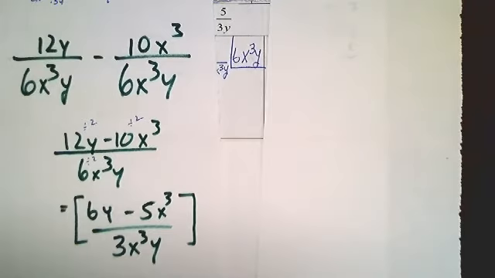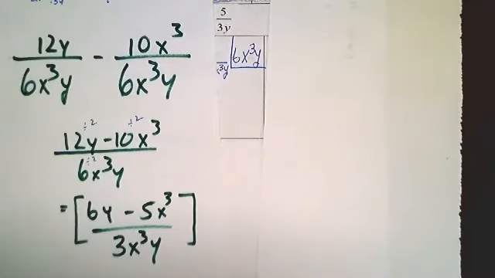This you should have multiplied by 2 down here. So then you should multiply this by 2 up here. So that should have been 10 right there. Oh, to get to 6. 12y. That should have been 12y. This should have been 10. And that's good. And then you can divide them all by 2.